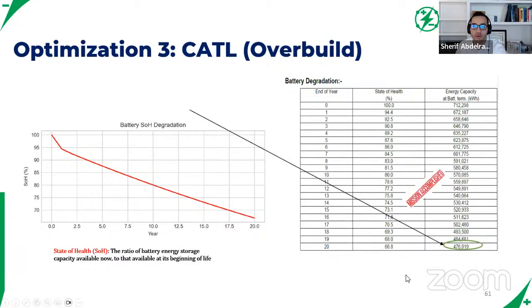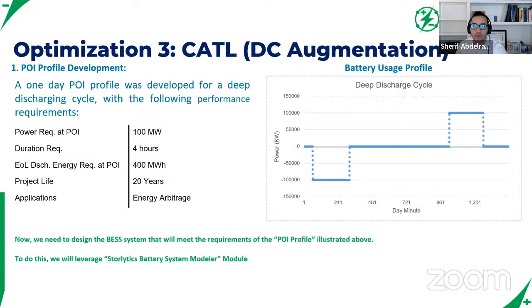Right? So now if we're trying to do the exact same, only with an augmentation strategy, what is that going to look like? In this case, we're assuming a DC augmentation. There's a bunch of different augmentation architectures out there. We have a section on that at the end. Don't miss it. I think there's a lot of good information in there and a lot of lessons learned.